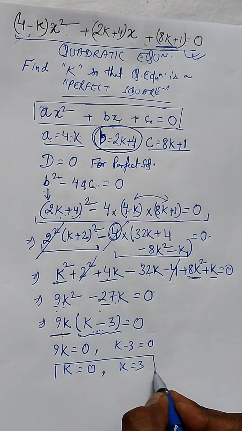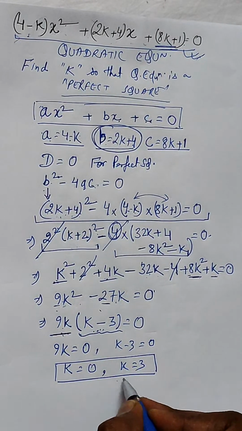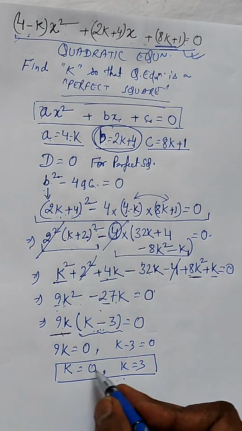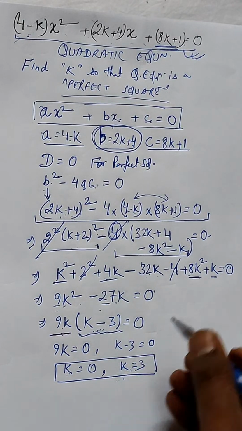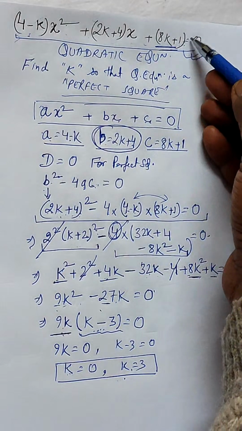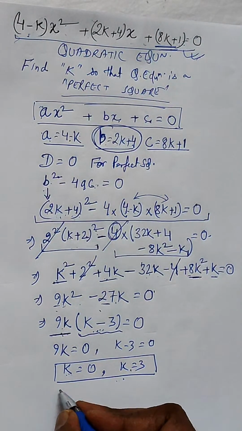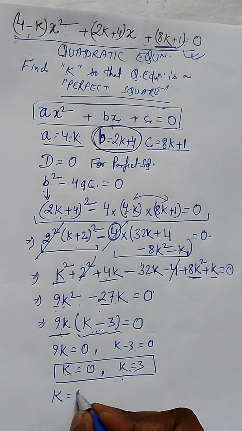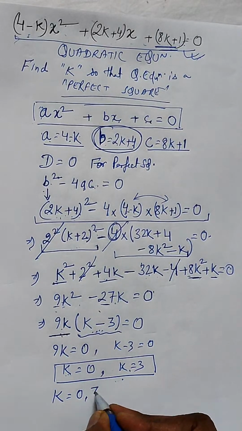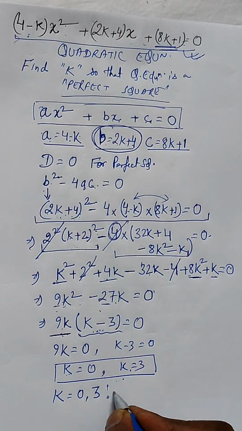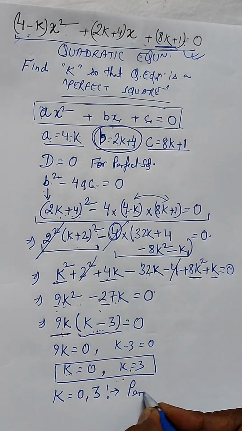So these are the two values of k for which the above quadratic equation will be a perfect square, right?